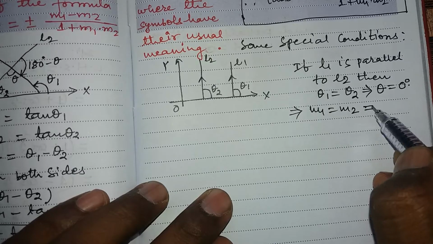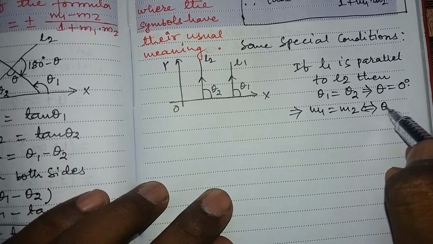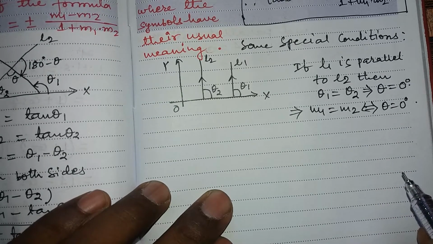So m1 equals m2 if and only if theta equals 0 degrees.